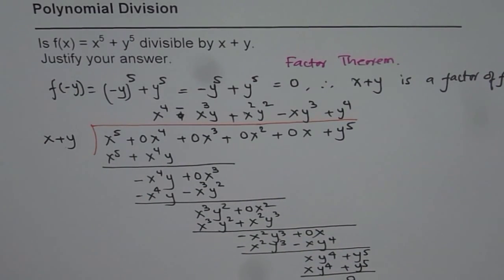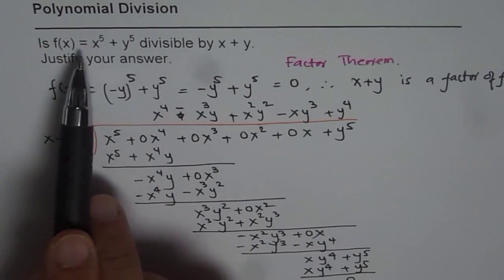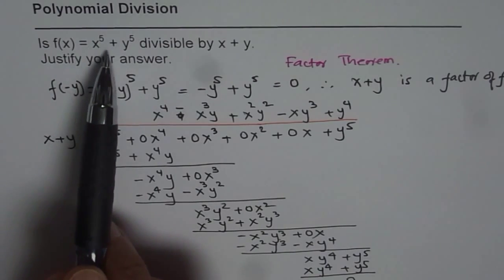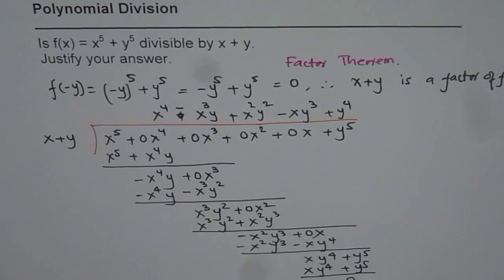So the remainder is 0. Since the remainder is 0, we know that f of x, which is x to the power of 5 plus y to the power of 5, is divisible by x plus y. So you can do long division to prove it, right?